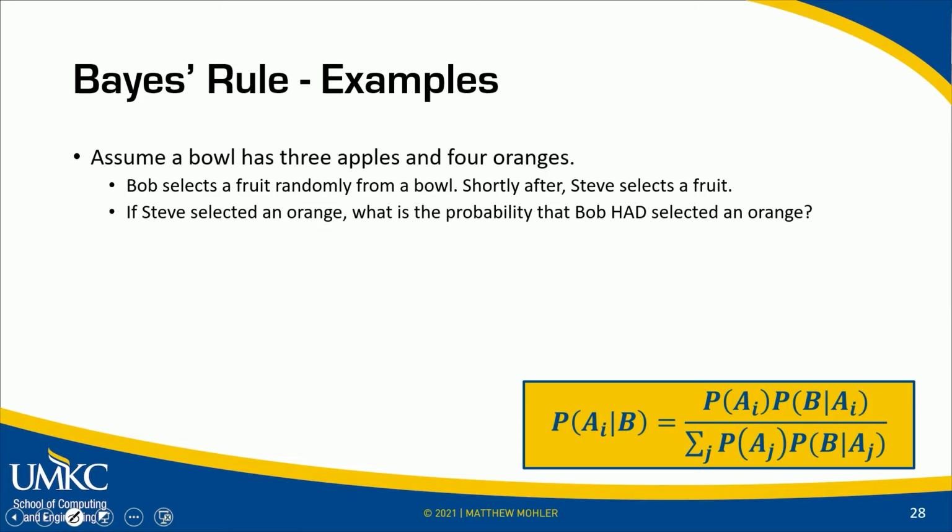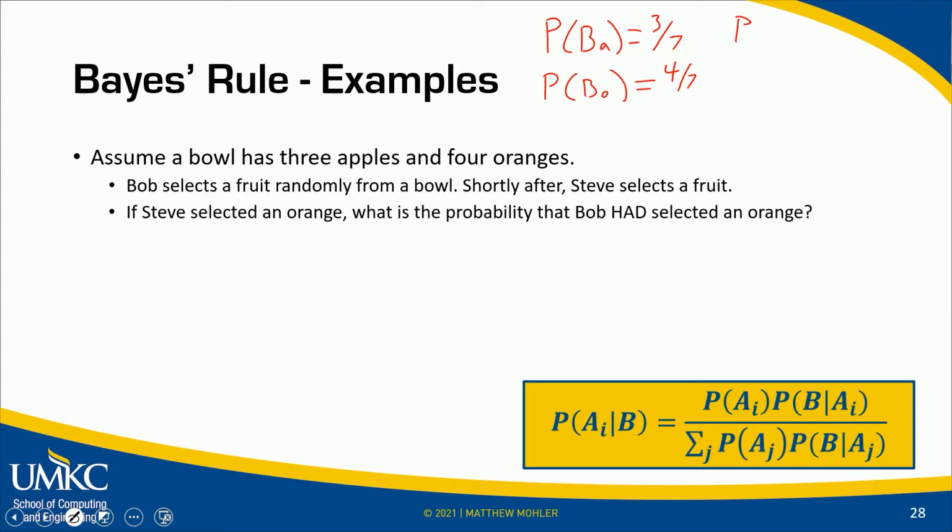to determine the probabilities of the past. So in this case, let's recall some of what we figured out on the previous slide. We had the probability of Bob picking an apple, and that was equal to 3 out of 7. We had the probability of Bob picking an orange, and that was equal to 4 out of 7.